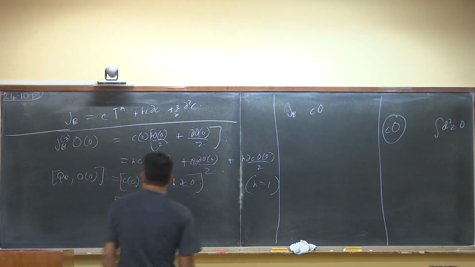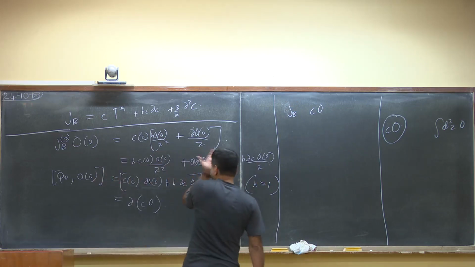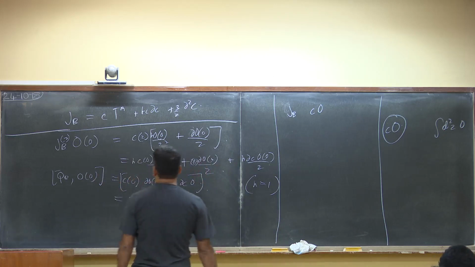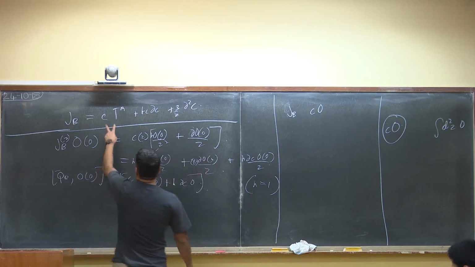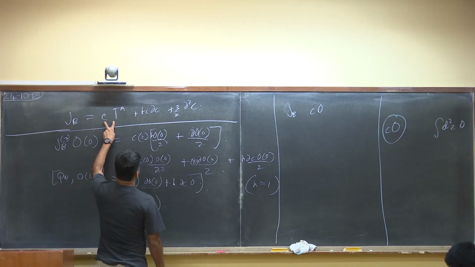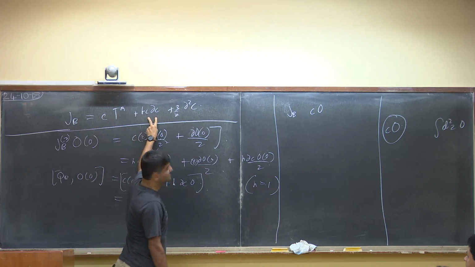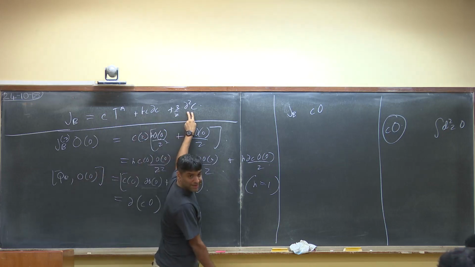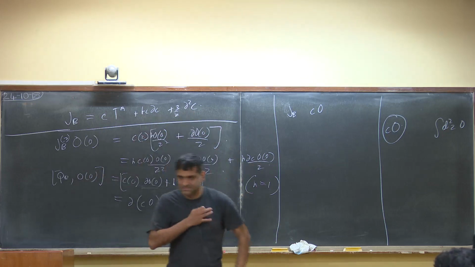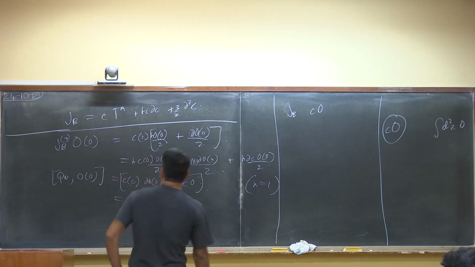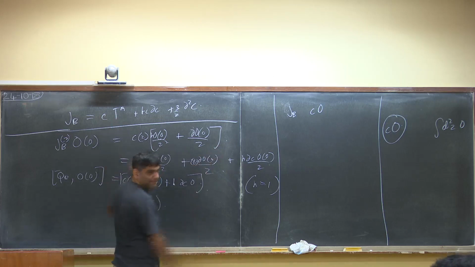Now let's see what we get. First, we will get a contribution from here and a contribution from here. Nothing from here, because c with c has no singularities. Only b with c has a singularity. So let's do it piece by piece.